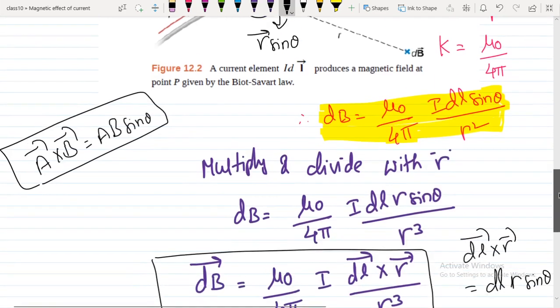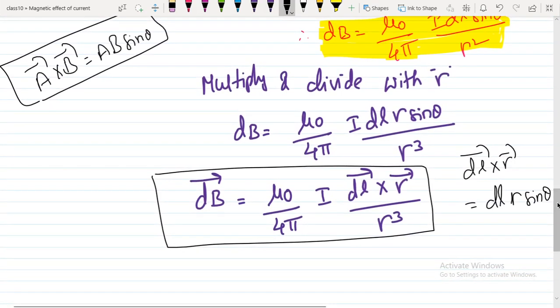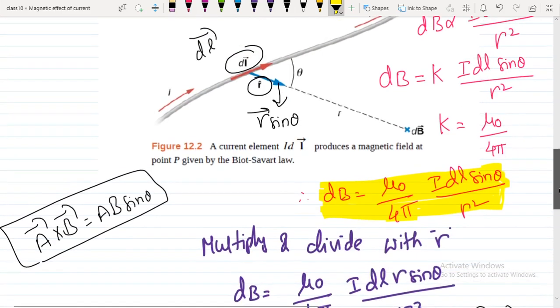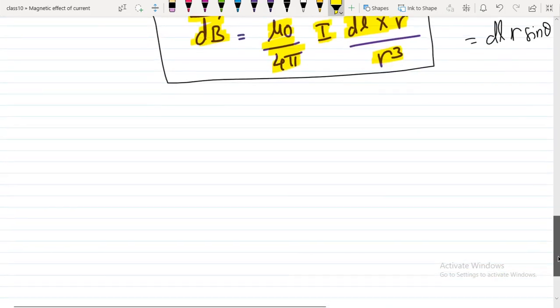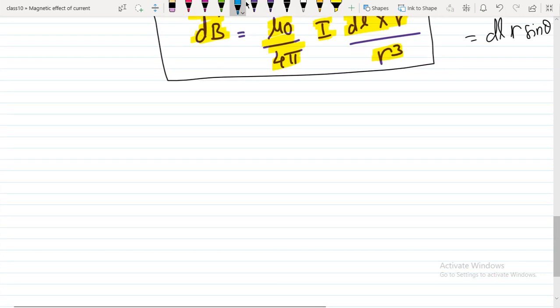Now from that cross product, we get the final expression for the magnitude and direction of the magnetic field at a given point: dB bar equals mu naught upon 4 pi times dl cross r bar upon r cube. How do we recognize the direction of dB bar?